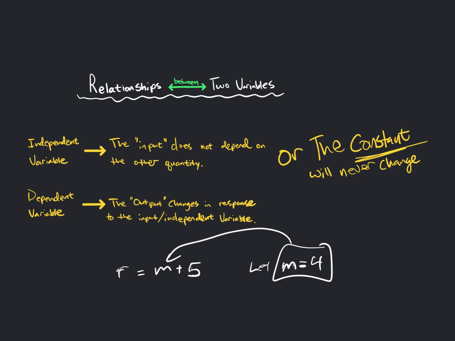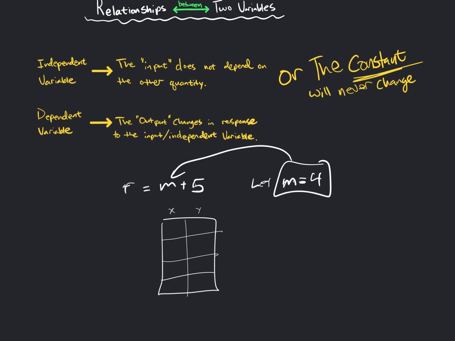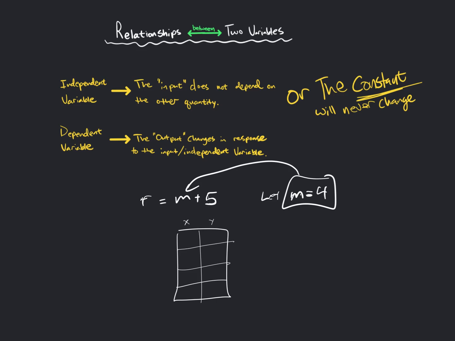And we've seen these before, probably in previous units, where you would have some sort of chart, and you would have your X column and Y. So if you're doing some sort of graphing, you've done this. If you've done converting rates and ratios, you've done this sort of thing. So maybe flip back to some of your earlier units that you've covered in your school this year, and maybe that jogs your memory a little bit.